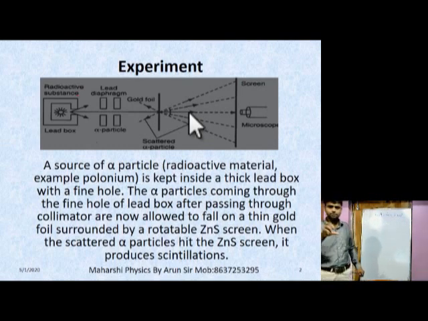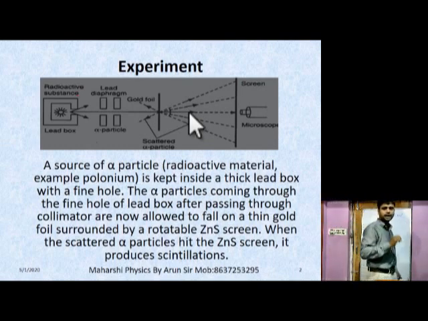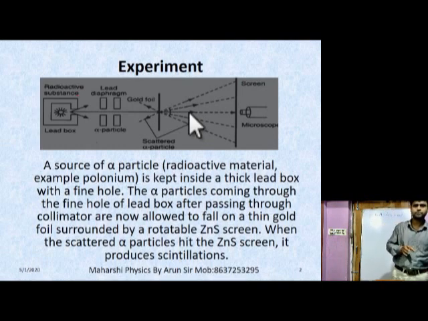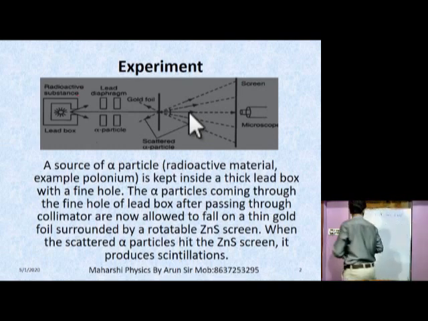From this experiment, they observed that first one is, suppose this is the thin gold foil and the alpha radiation is incident on this thin gold foil, and they observe most of the alpha particles passed through the gold foil without suffering any deviation.